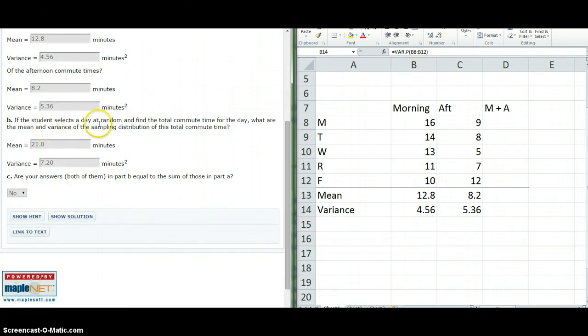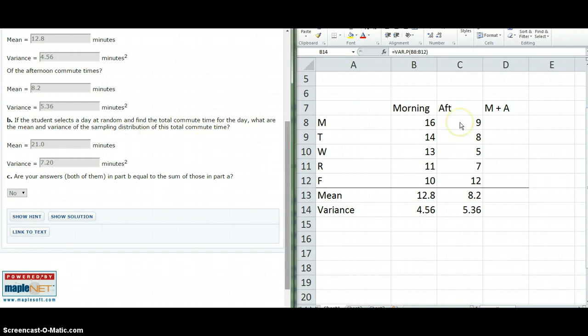And here's where we start to get into the interesting stuff. So if we select a day at random from this population, so again our population is 5, our sample size is 1 in this case, and find the total commute time for the day, what are the mean and variance of the distribution of this commute time?